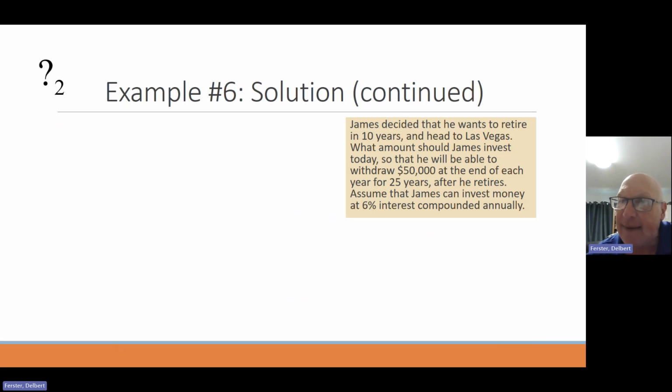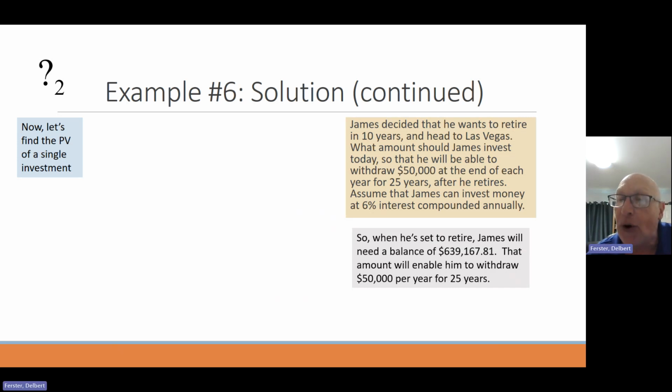That's a single investment. That's not an annuity. The question says, how much does he have to invest today? A one-shot deal, knowing that whatever that amount is, it has to grow into that $639,167.81 number at the end of 10 years.